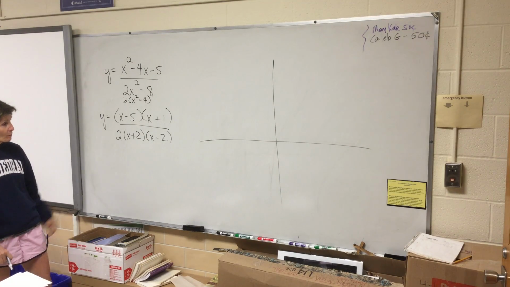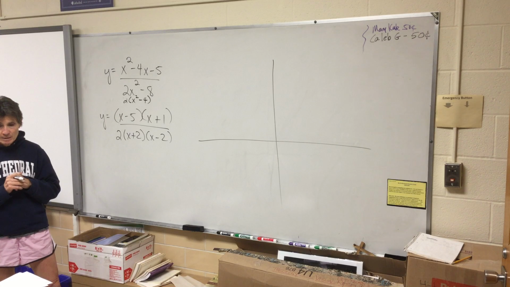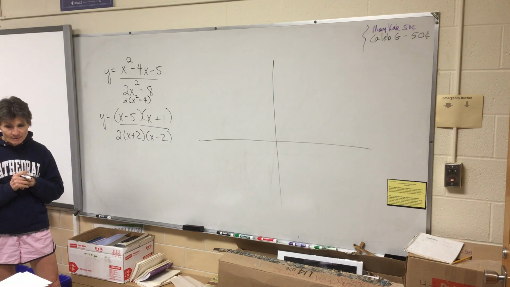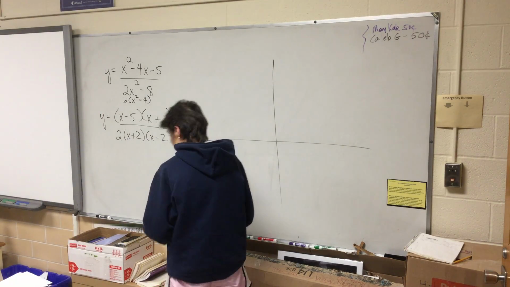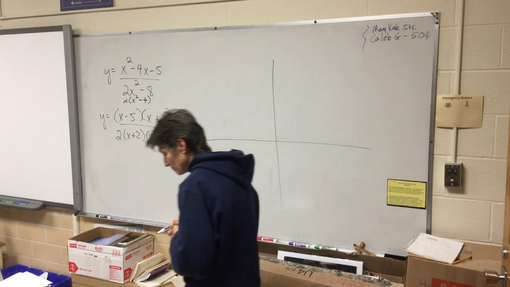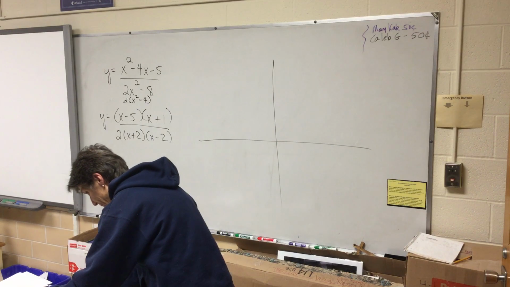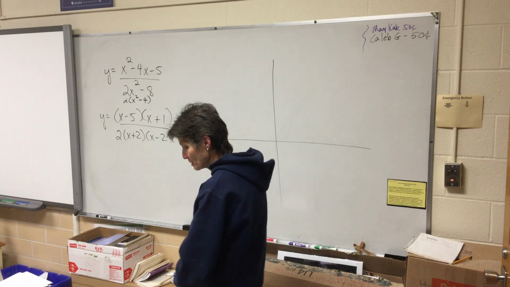Now, sometimes when we do all that factoring, things cancel out. But nothing's going to cancel this time, is it? So, we're going to step over here to the graph. And here we go. What are we going to put in this graph? Well, someone mentioned asymptotes a minute ago.